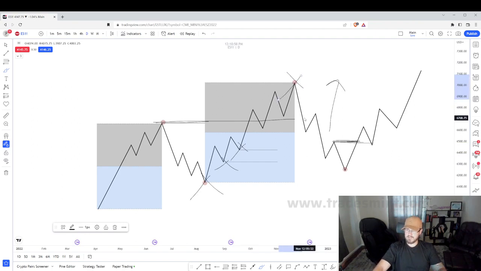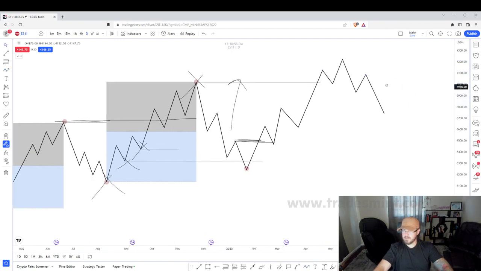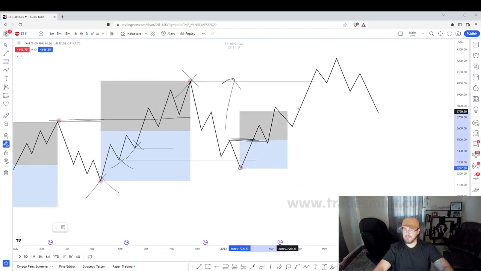Another saying that a lot of people use to remember this is price moves from internal liquidity, right? So we take out internal liquidity here to external liquidity, and then back to a discount, or back to equilibrium, sorry.